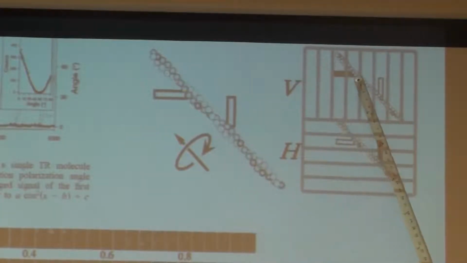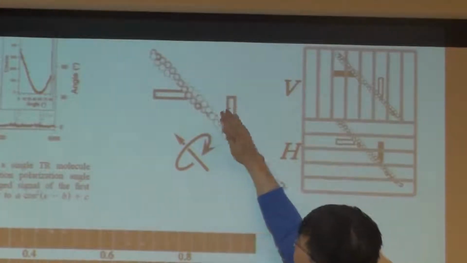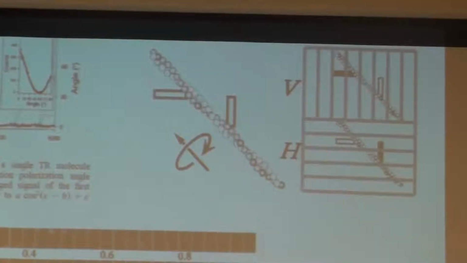I mean, this will be dark in the vertical channel and vice versa. So if the filament rotates, then this angle will change, and that means that as a function of time, you will see the intensity going up and down.